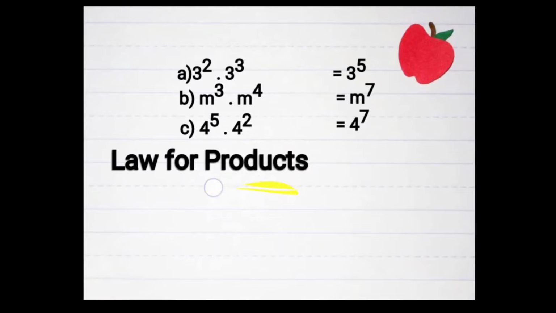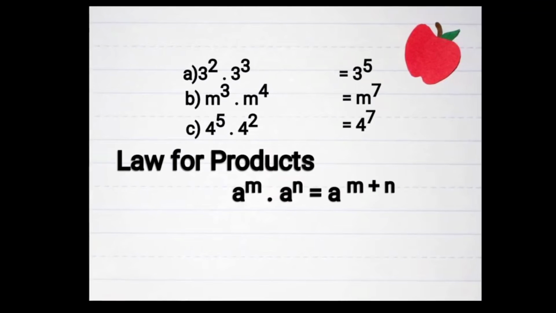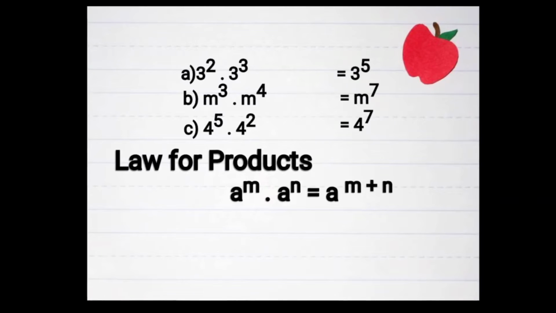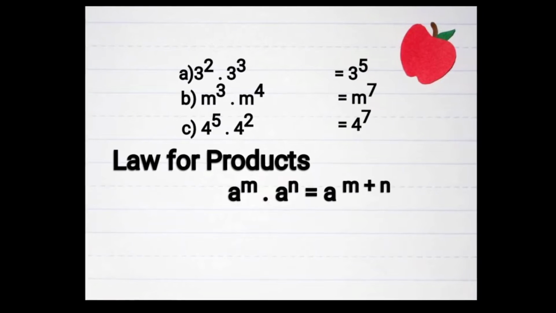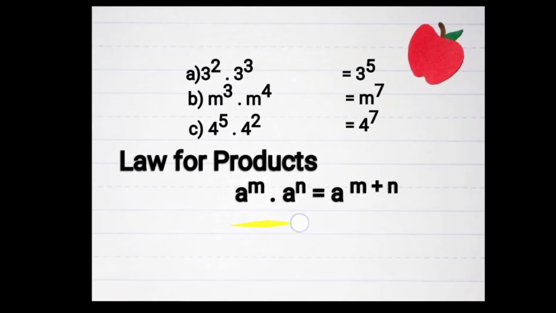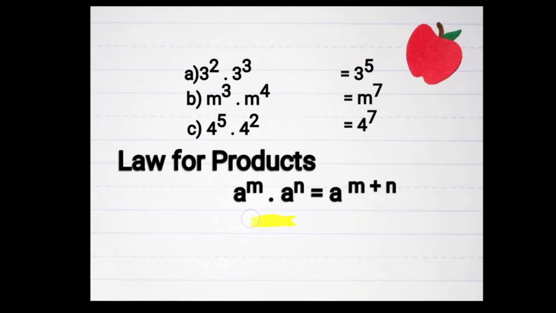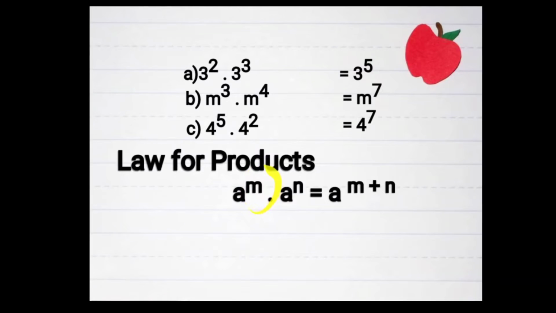So the law for products just states that you have to add the exponents with the same base, okay? If the operation is multiplication, like this one, a raised to m times a raised to n. So we have here multiplication. What you are going to do is add the exponents of the same base.